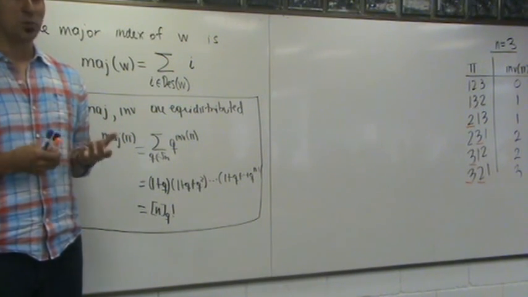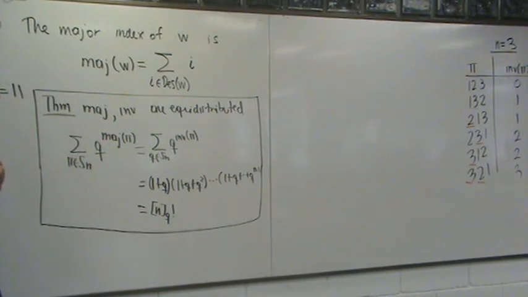Now, I hope you can appreciate that this is a much trickier thing than before, because the major index and the inversions sound completely different from each other. And so this bijection is going to have to be more complicated. And I just want to show you what a complicated bijection looks like. Sometimes they're not so simple.